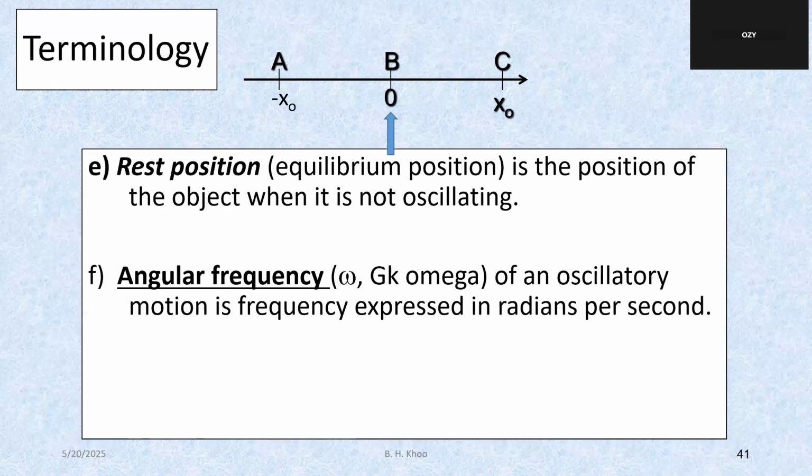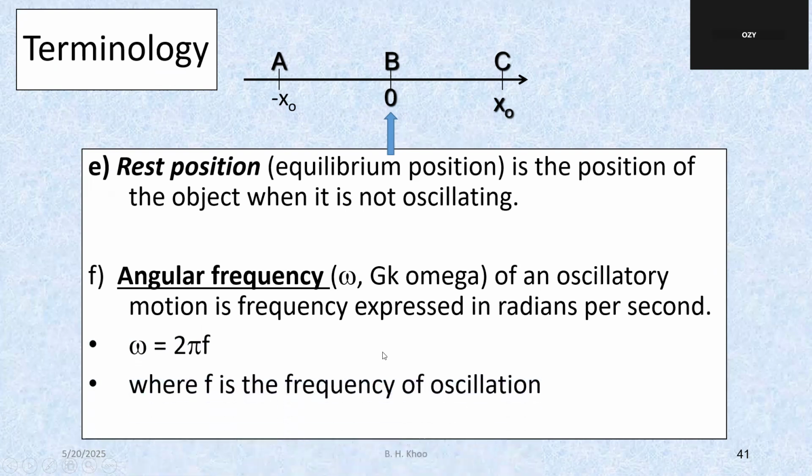It's the same now, except it's oscillating horizontally or vertically, that's all. Right? We represent it with the Greek letter omega. It is the frequency of an oscillating motion expressed in radians per second. Right? All these you need to memorize. Omega is 2 pi f, same as circular motion, where f is the frequency of oscillation.